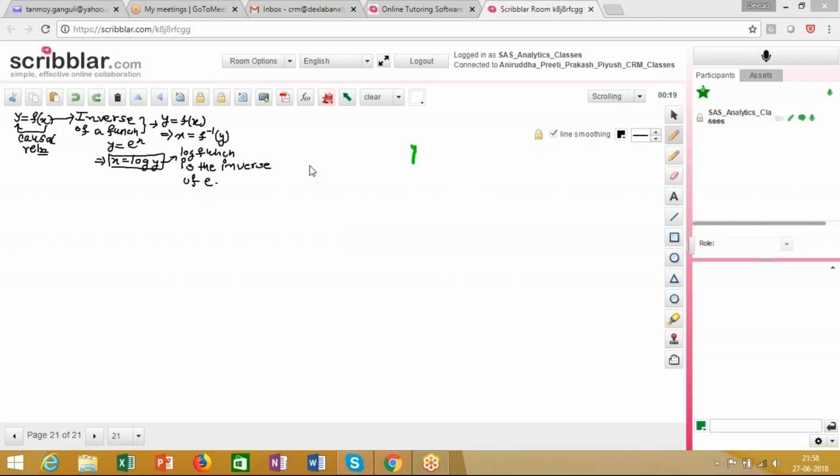So similarly, say for example, I say that the probability of default of an ith borrower is nothing but the probability of the Brownian motion variable less than some threshold.